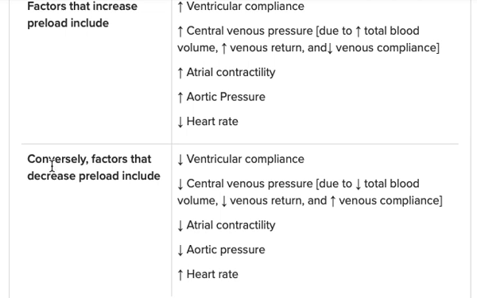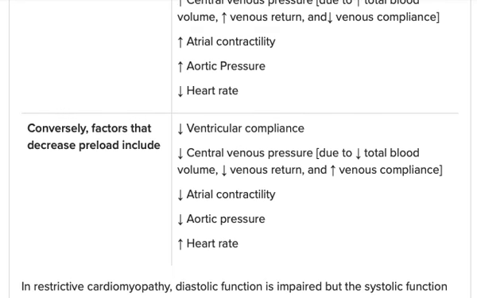Conversely, factors that decrease preload include decreased ventricular compliance, decreased central venous pressure due to decreased total blood volume, decreased venous return, increased venous compliance, decreased atrial contractility, decreased aortic pressure, and increased heart rate.